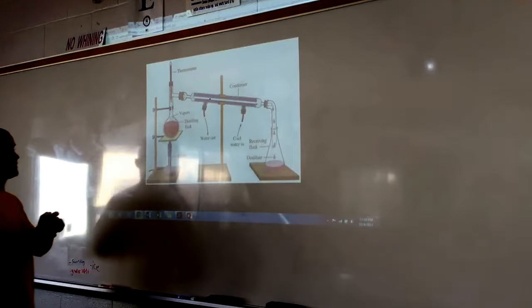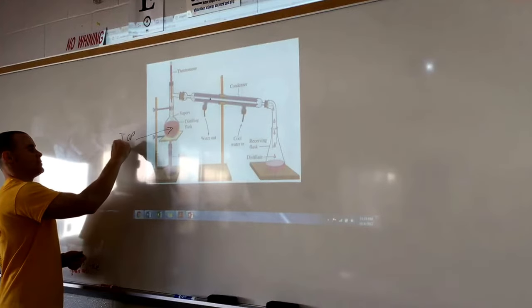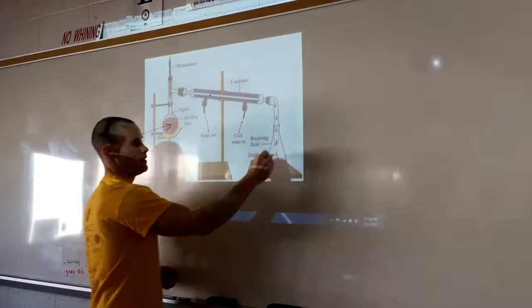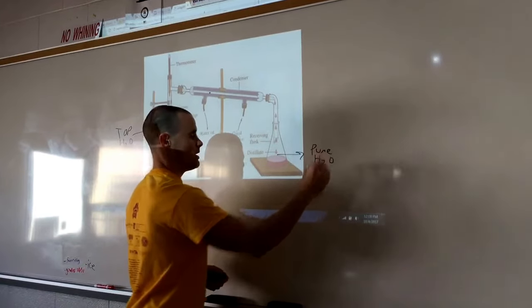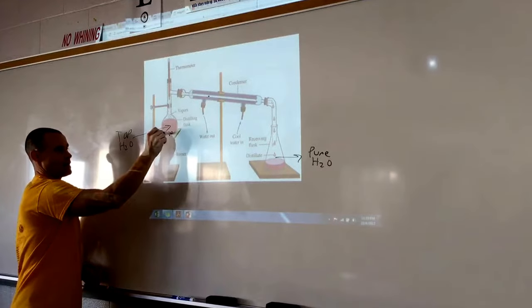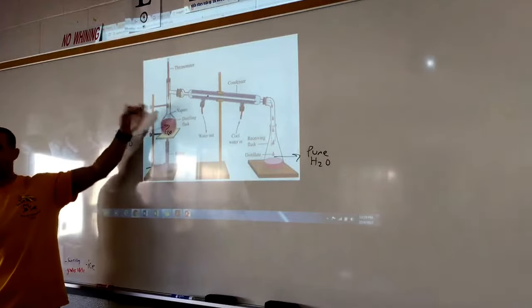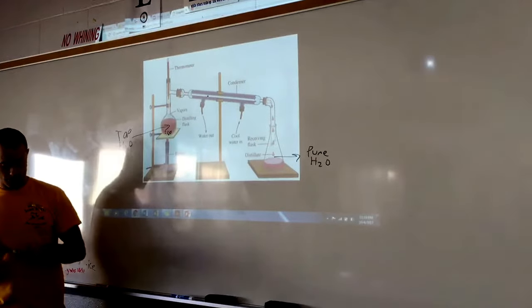So in here would be tap water. Tap H2O. Over here would be pure or distilled H2O, right? All the sediment in the water would be down here at the bottom of the flask. It doesn't boil, right? So this is based on boiling points. Water has a lower boiling point than those solid particles.